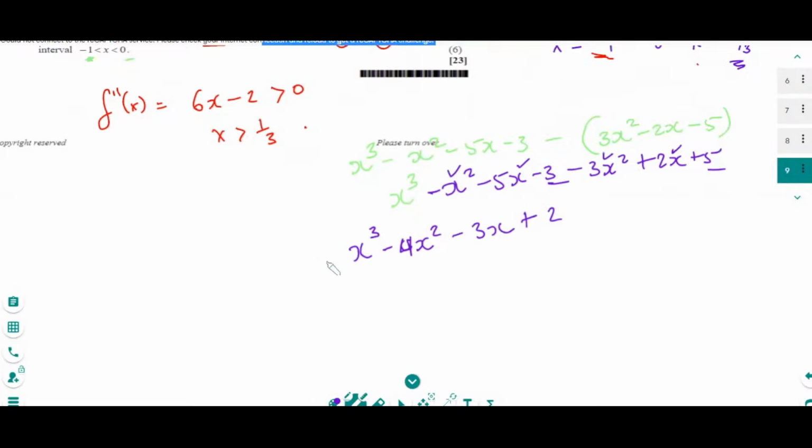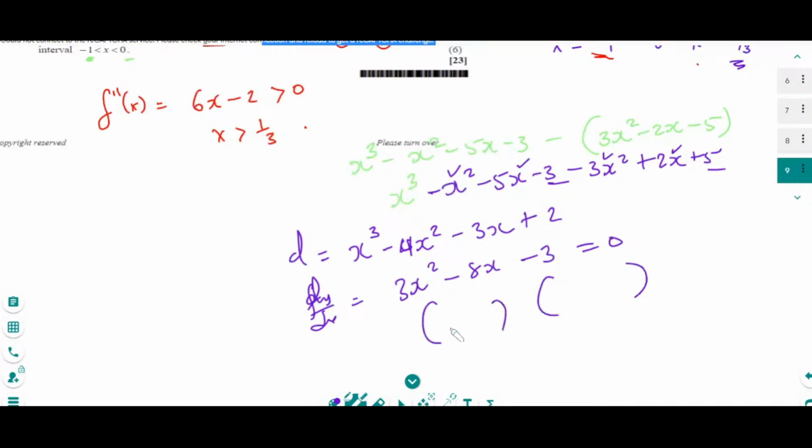Now for me to find the maximum distance or minimum distance, I'll always find the first derivative. So the first derivative of this, if I call this d, then I'll have my dd/dx. It's going to be 3x squared minus 8x minus 3. I'll equate that to 0. I can do my factors, which means I have 3x and x, 1 and 3.